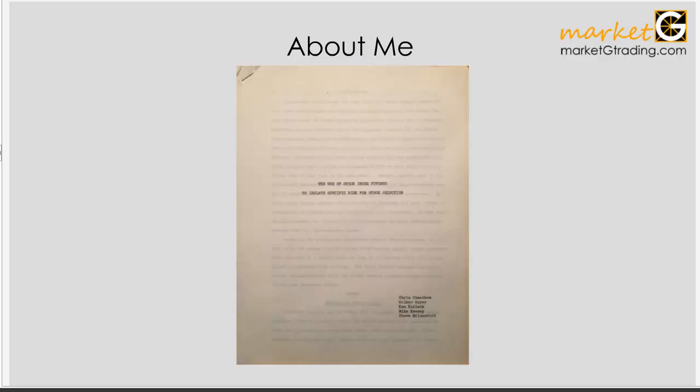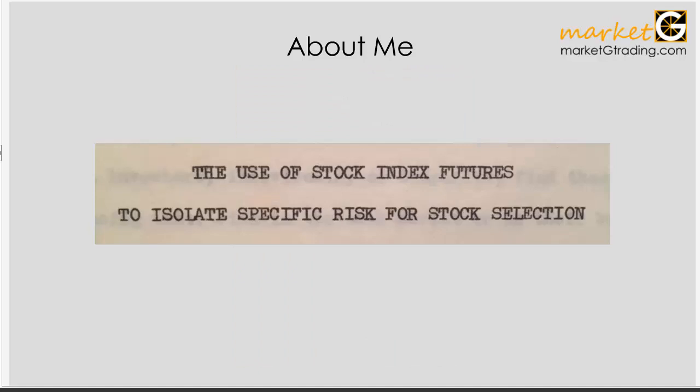And we had this group paper to do, and I saw the title and I just had to laugh. The use of stock index futures to isolate specific risks for stock selection. In other words, we were writing a paper in 1983 about portfolio insurance.